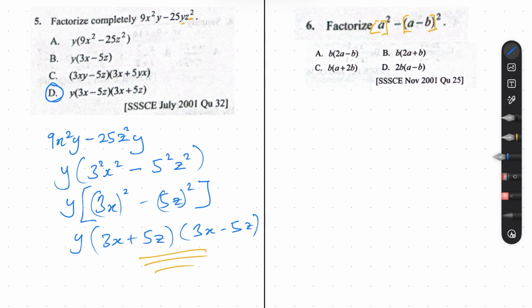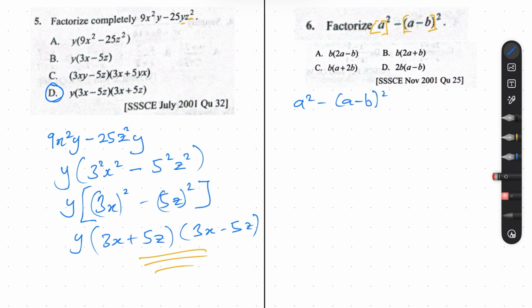We have a squared minus a minus b squared, and we know what we do. We add them and then we subtract them as well, and then we multiply both.